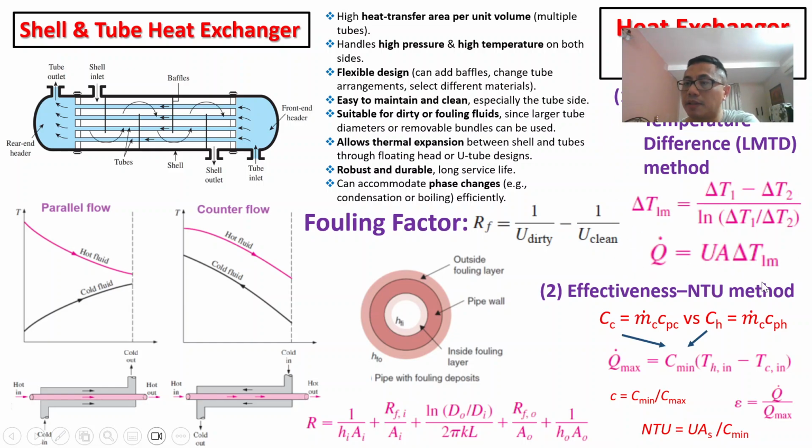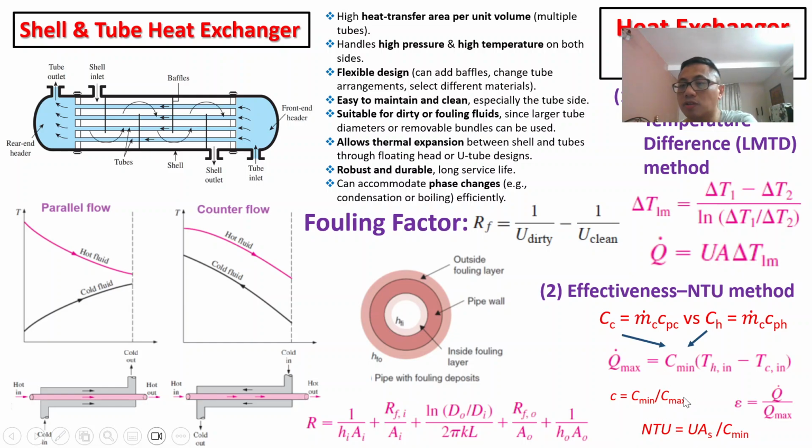Okay, so this is the log mean temperature difference, and we can use the effectiveness-NTU method. We have to calculate the heat capacity rate for the cold fluid and the hot fluid. Among these two, the minimum we select to find the Qmax. From the Qmax, we can find the effectiveness, and also from the Cmin, we can find our NTU, the number of transfer units.